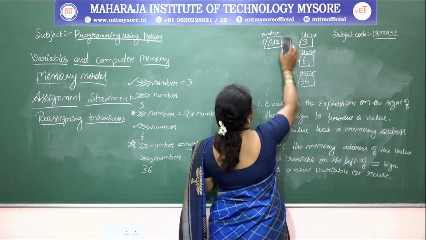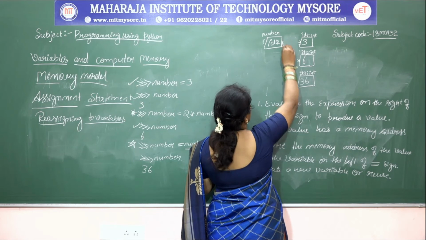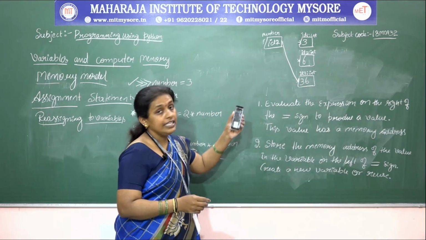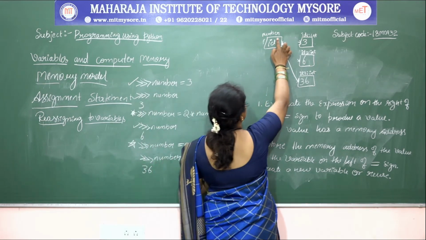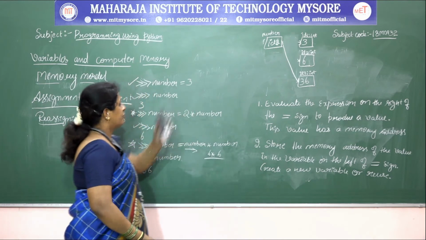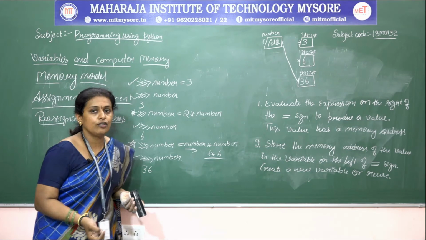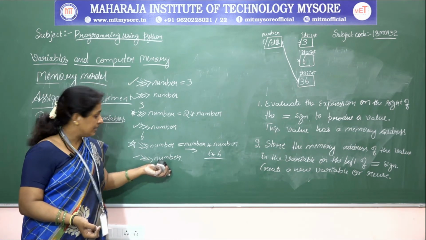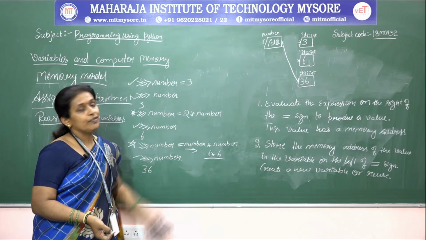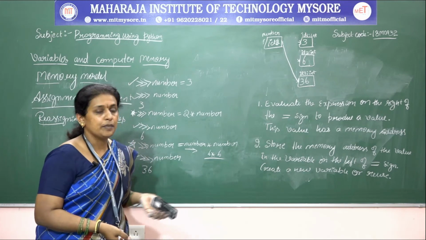I am now replacing the value of the number with a new memory address, that is IDE3, and also changing the address. Okay. So after that, I am calling this number, and it is going to display the content of the variable number, that is 36. So this is how memory will be allocated when you are executing the statements.